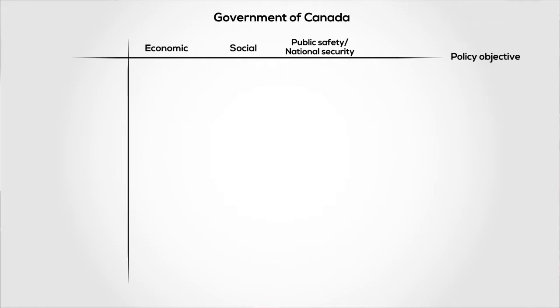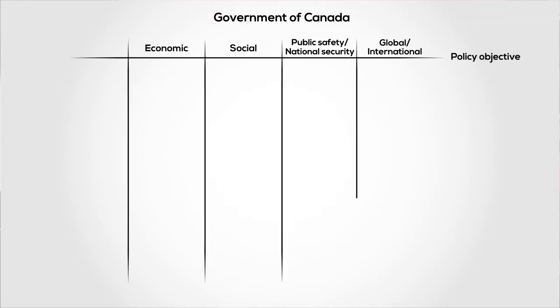And fourthly, we have the global policy domain, where we're looking to maximize Canada's place in the world and contribution to the world. Between these 4 bundles, economic, social, national security and public safety, and international, you cover the waterfront conceptually of the many policy areas for the government.